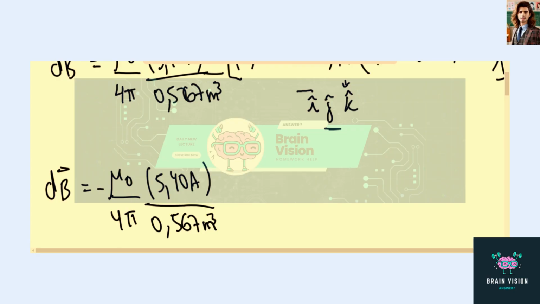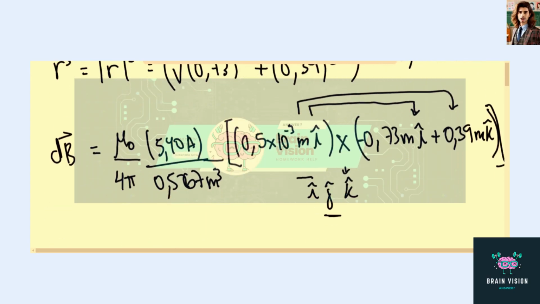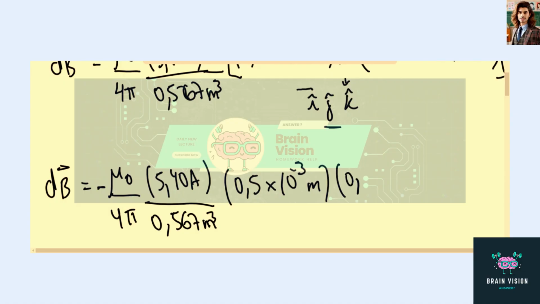So we will have minus the product between 0.5 times 10 to the minus 3 meters times 0.39 meters. That's the only component that survives after the cross product, and this in the J direction.